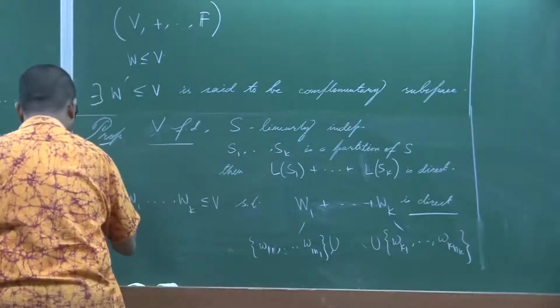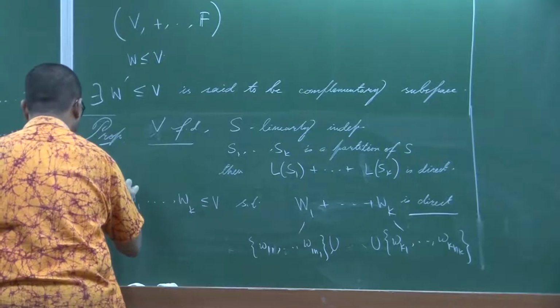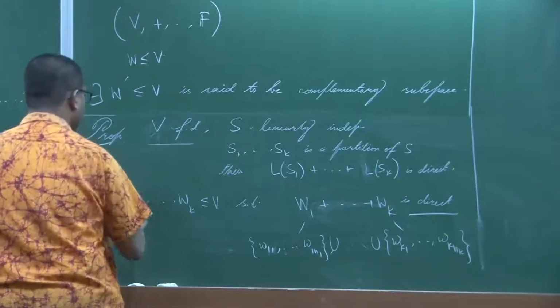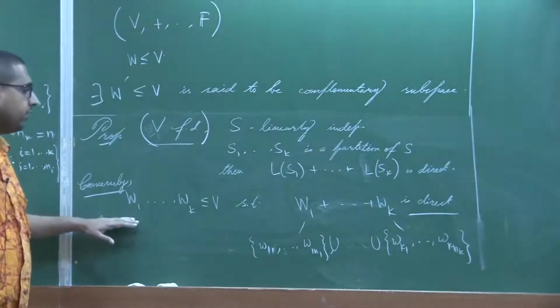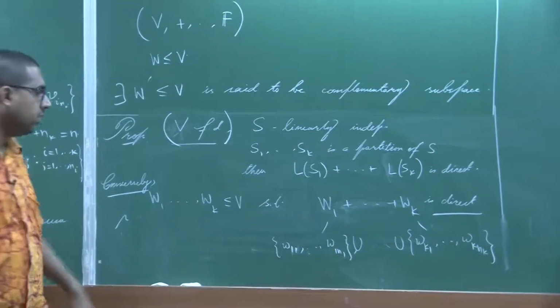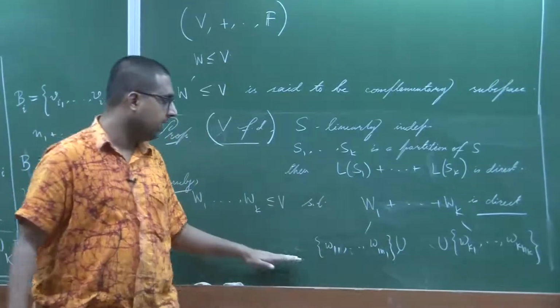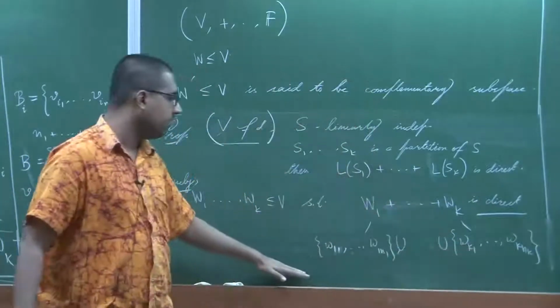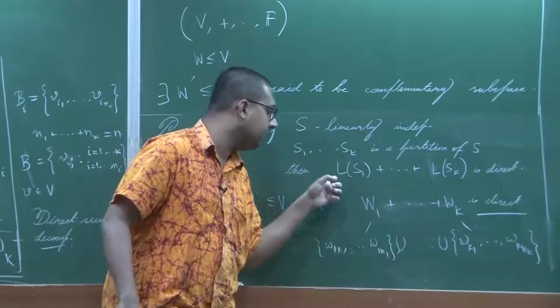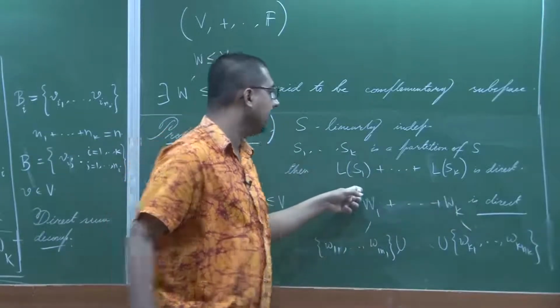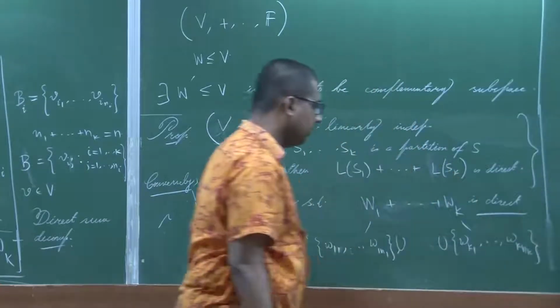So, conversely, throughout this assumption is there in this proposition. Conversely, if I am given a finite collection of subspaces such that the sum is direct, then we see that these Wi's are obtained exactly in the way stated above. Okay.